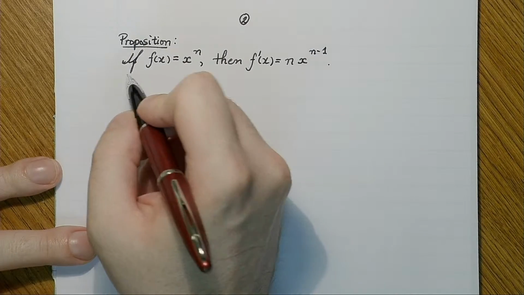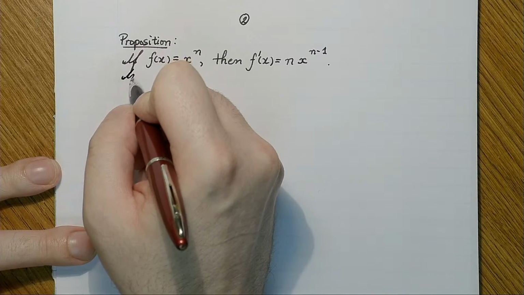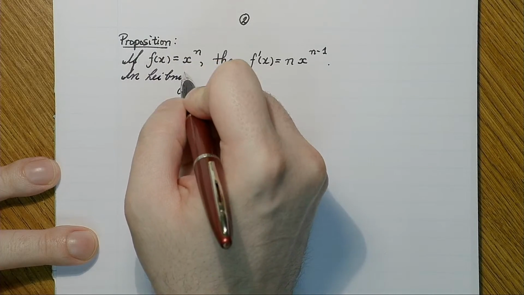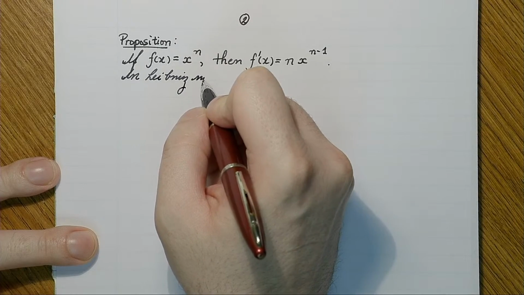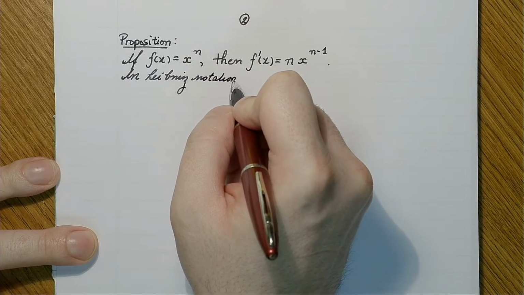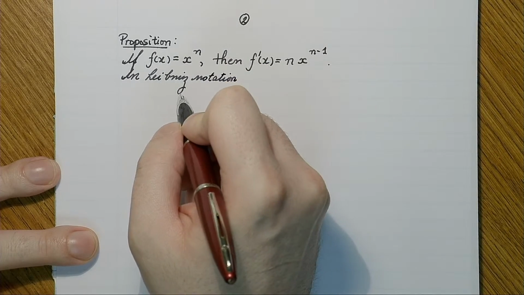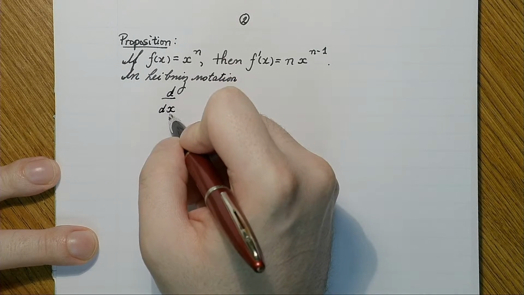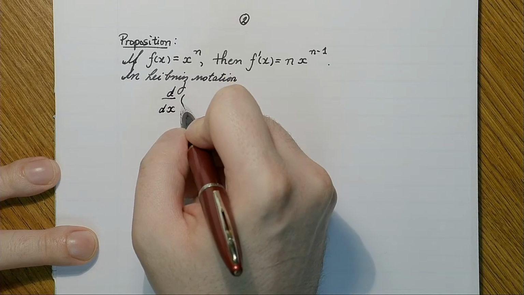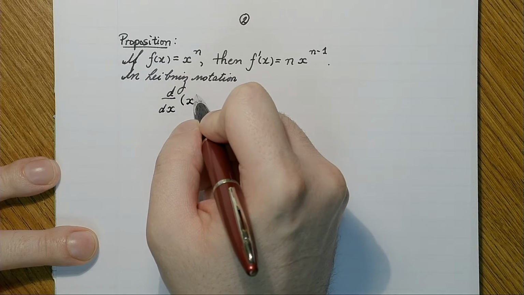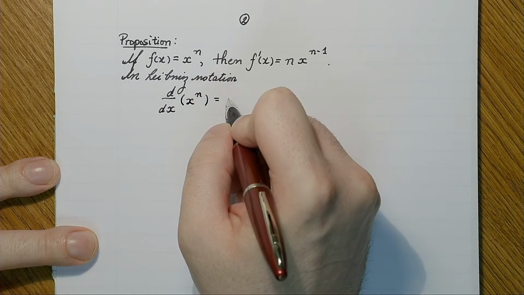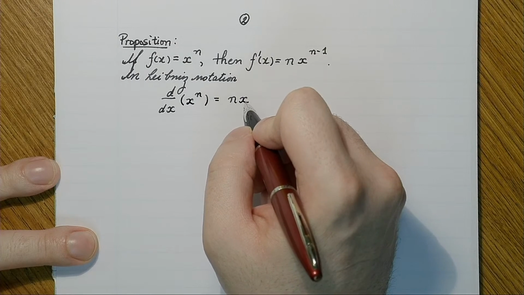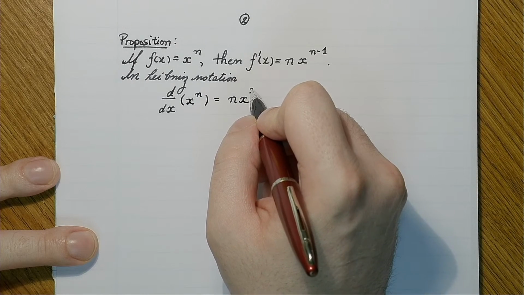So equivalently, in Leibniz notation, we had an operator, d by dx. So we're taking the derivative with respect to x of the function x to the n. We're saying that it's n times x to the n minus 1.